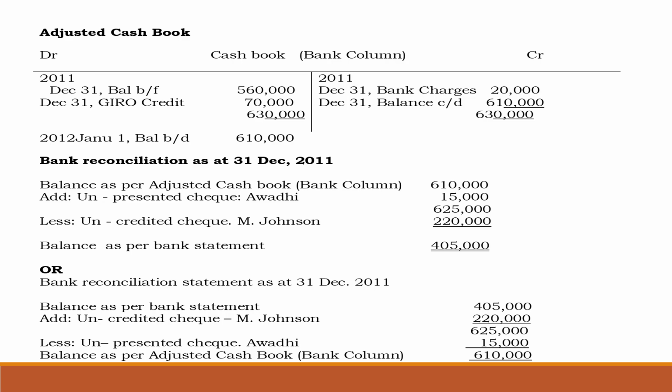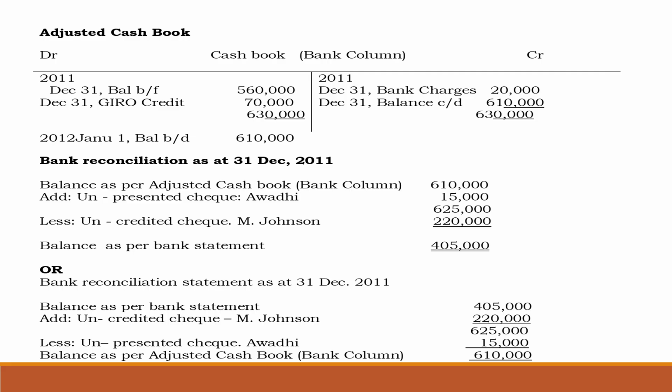So you find that we have adjusted the cash book, and the balance we proceed with is this adjusted cash book. If we are making a bank reconciliation as at 31st December 2011, we start with the balance as per adjusted cash book.